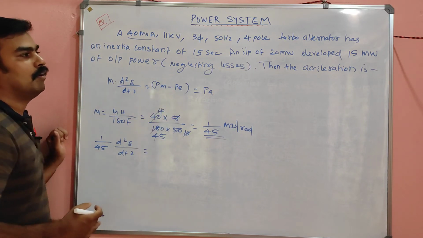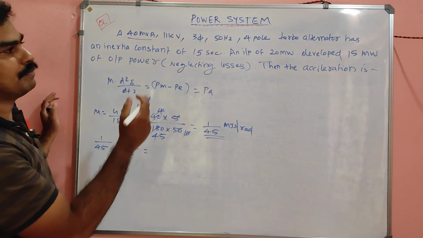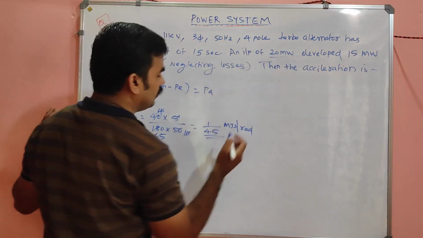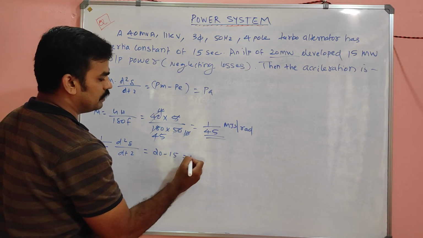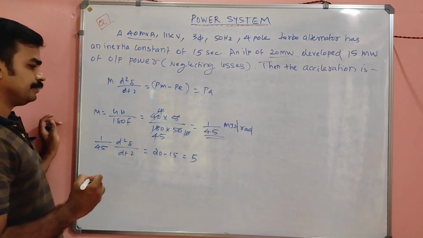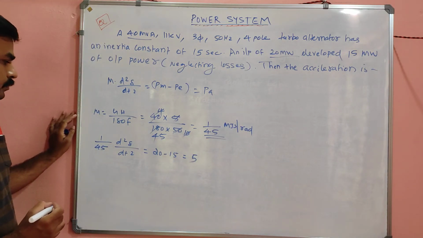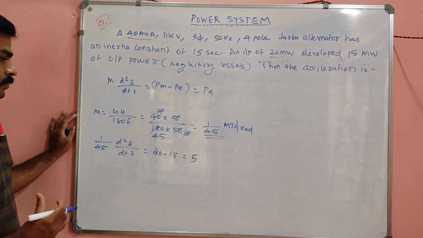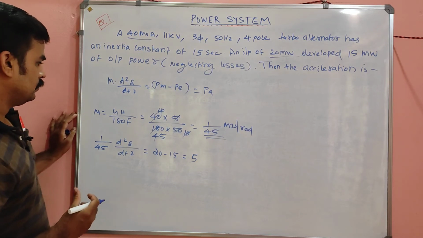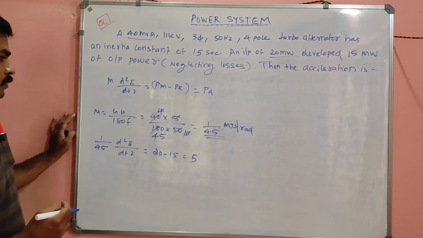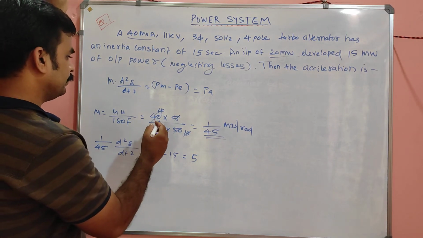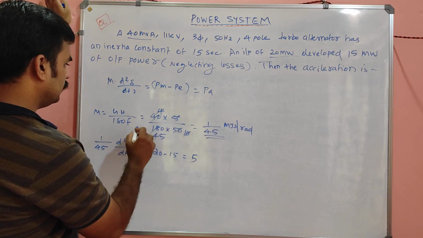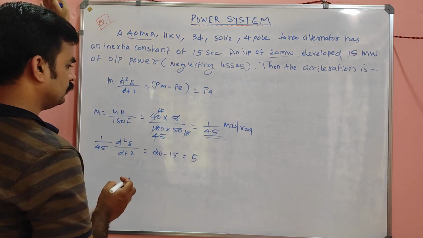Input power in electrical is directly given, 20. So 20 minus 15 is nothing but 5. Correct? We missed something: 40 into 5 divided by 180 into 50.